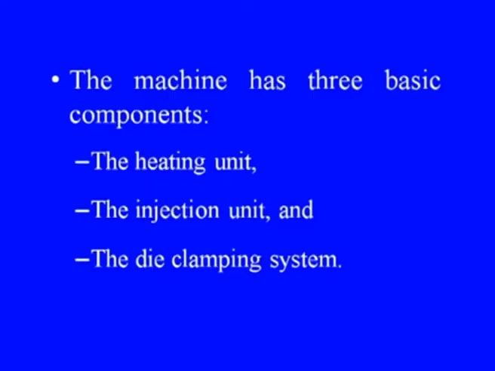An injection machine was designed and fabricated at IIT Roorkee and is shown in figure 6. The machine has 3 basic components: the heating unit to maintain the temperature, the injection unit and the die clamping system.